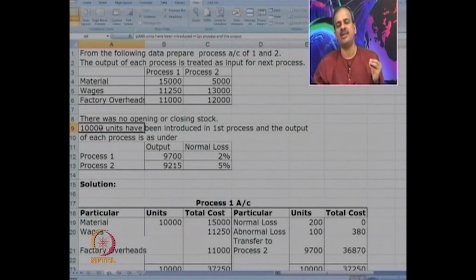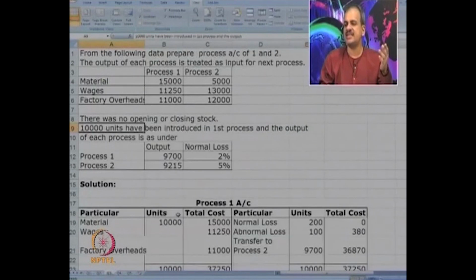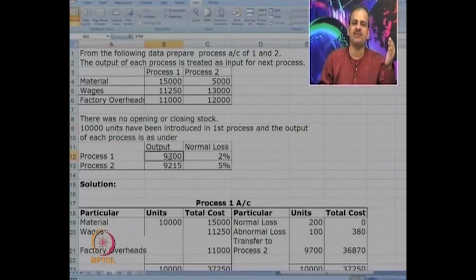Now the only problem is input and output is not the same. In question number 2, our input and output was 250, if you remember this particular question, right? In this case, the output is lesser than the input. So we put in 10,000 units, but we got output of 9,700 only.